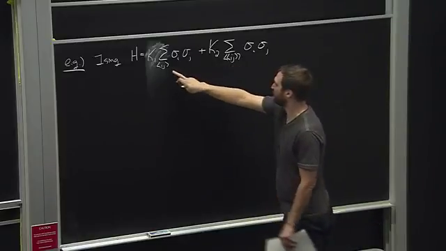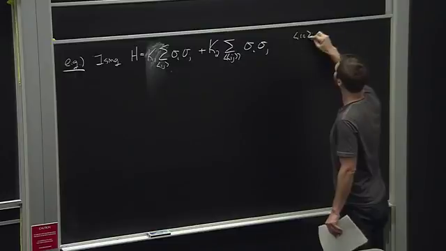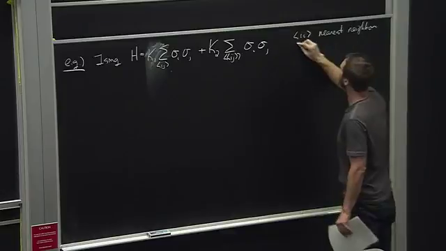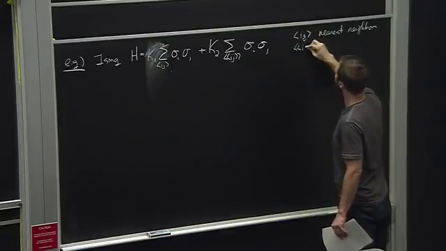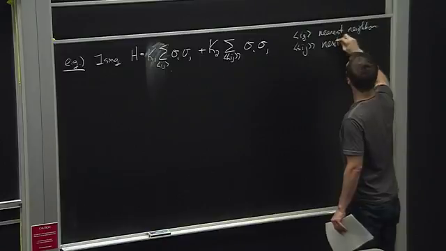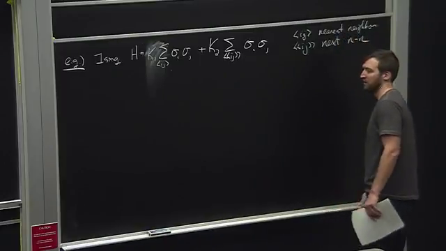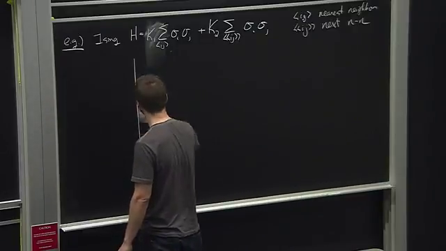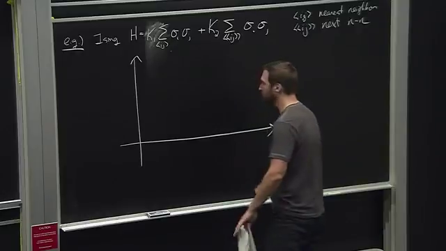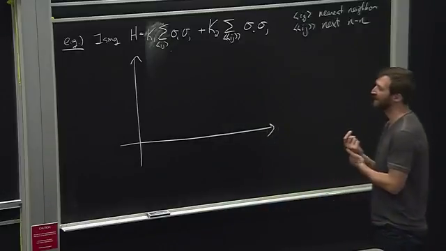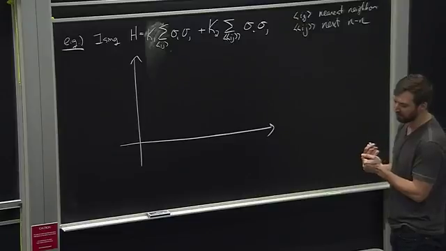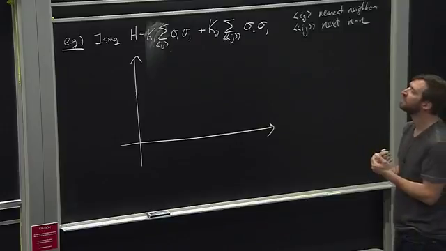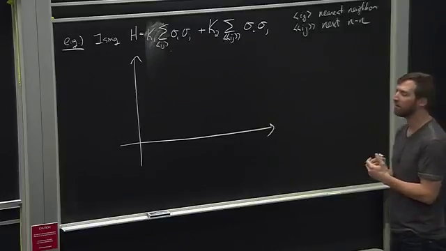That just means nearest neighbor, that means next nearest neighbor. I'm not going to actually do this, I'll just show you what the... Okay, so you form U1 and U2, which are linear combinations of K1 and K2.